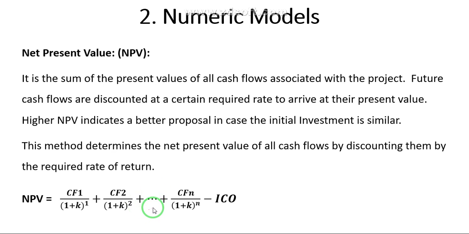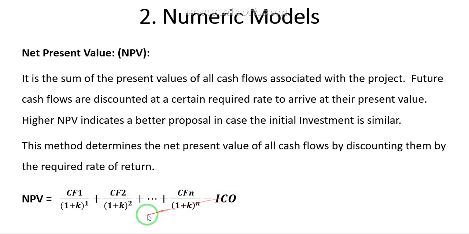If it is 4 years, then CF4 by 1 plus K to the power of 4. If the project is for 5 years, then CF5 by 1 plus K to the power of 5. So here they have said dot dot plus CFn by 1 plus K to the power of n, minus ICO.